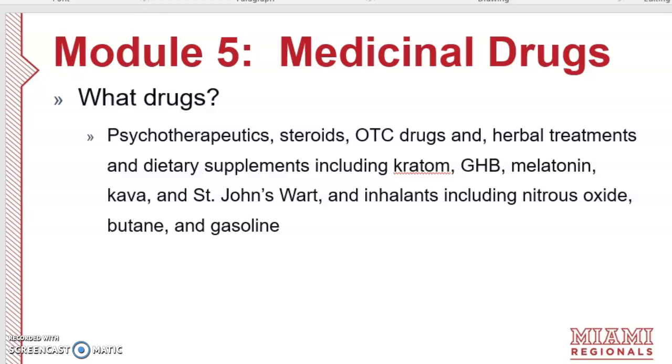We'll also look at some prescription drugs like steroids, over-the-counter drugs or herbal treatments, or other dietary supplements, including things like kratom, GHB, melatonin, kava, St. John's wort, and also some frequently abused inhalants, including things like nitrous oxide or Whippets or Rush, butane, and gasoline.